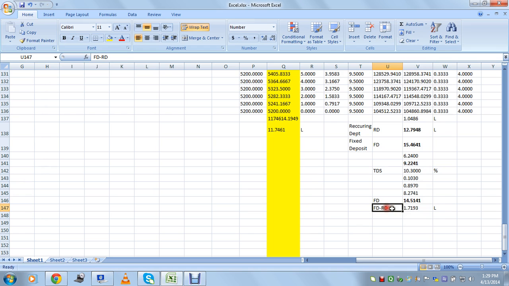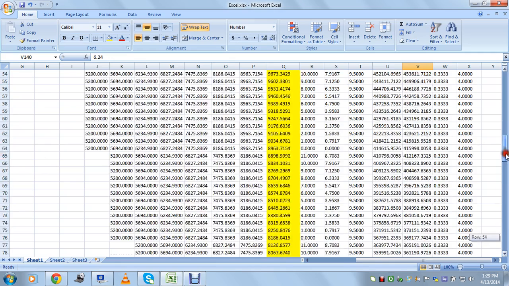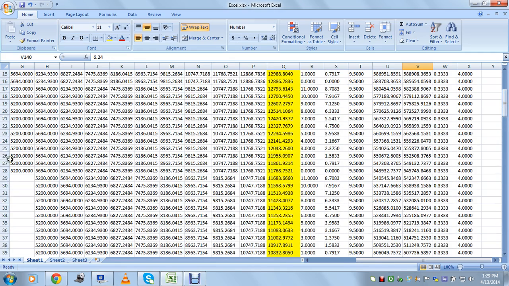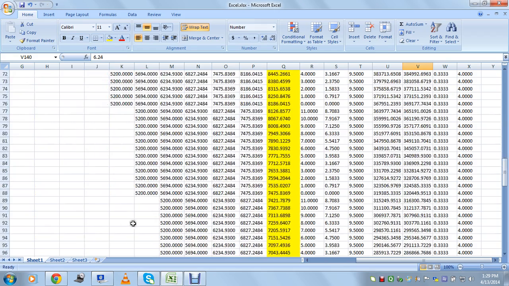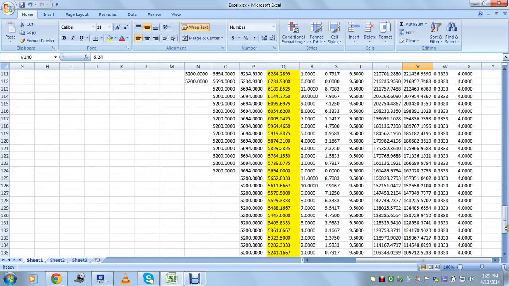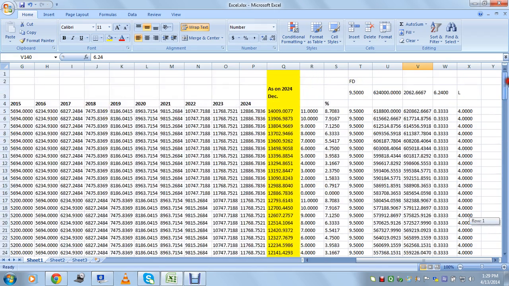Now if you see the difference between the FD and the RD for the same 6.24 lakhs investment, through an RD you have to make a monthly investment. Every month you are investing 5200, along with the monthly balance maintained in the savings bank at 4% interest, with an equivalent monthly running interest of 3.33.